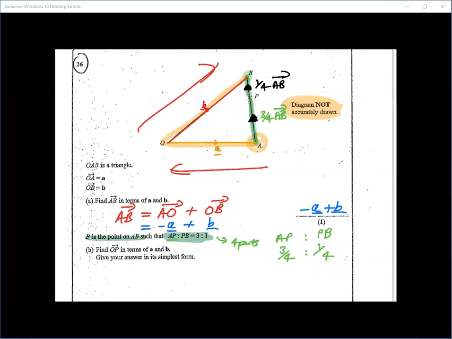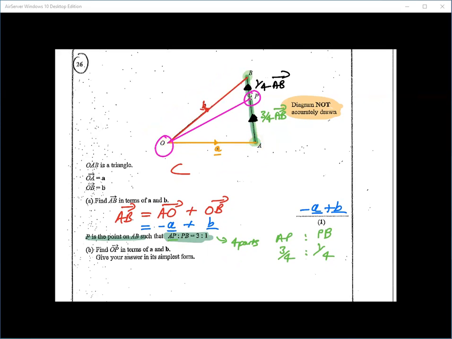Now, here's the question. They want you to go from O to P, like this. Do you know how to go from O to P directly? No. So give me a scenic route, but let me get rid of the old scenic route first.